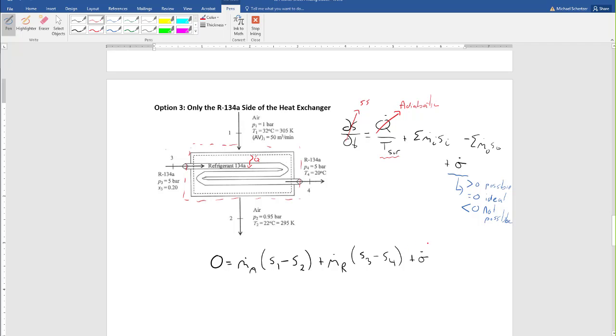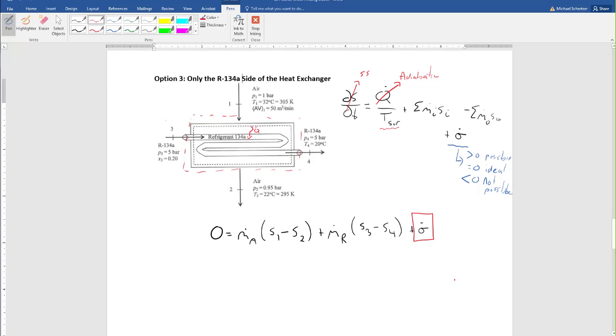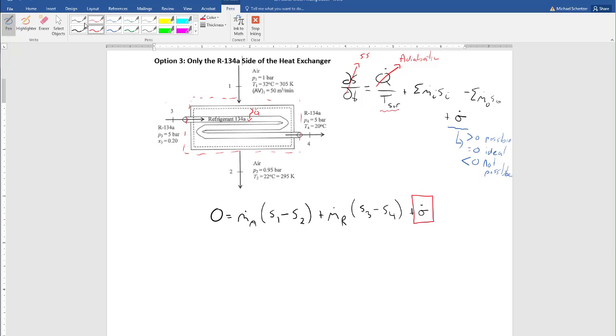Now, to figure out if something is possible, what I want to do is figure out what the value of sigma dot is. So I want to isolate for that. I have to move the rest of this stuff to the other side of the equation. Sigma dot, because I like my terms to be positive in my equation, I'm going to move these over and multiply by -1 in the bracket.